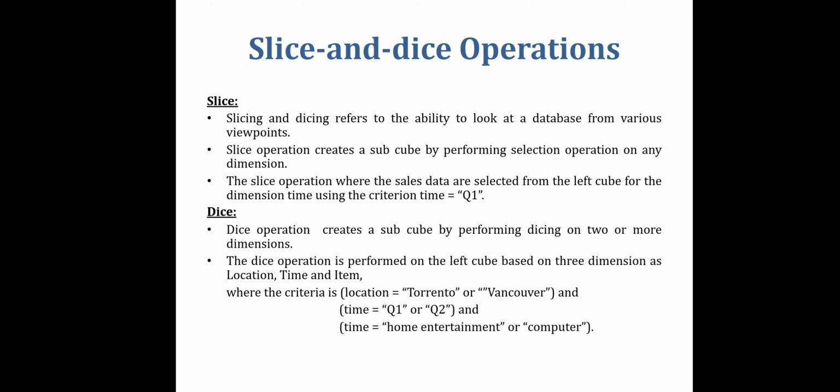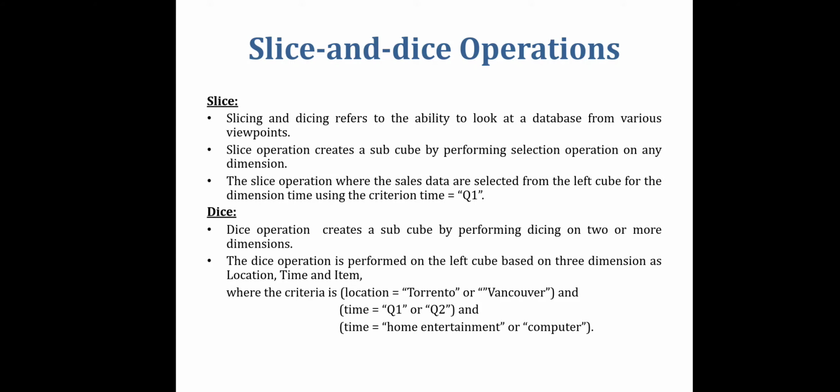So, what is the dice operation? This dice operation creates a subcube, means both slice and dice are going to create a subcube. Dicing is performed on 2 or more dimensions, means in this we are working with 2 or more dimensions, whereas in slice we are working with a single dimension only. So, here we can select 2 or more dimensions.